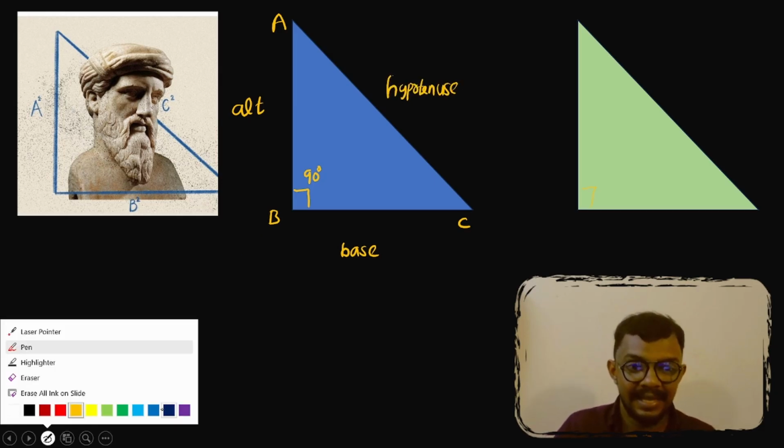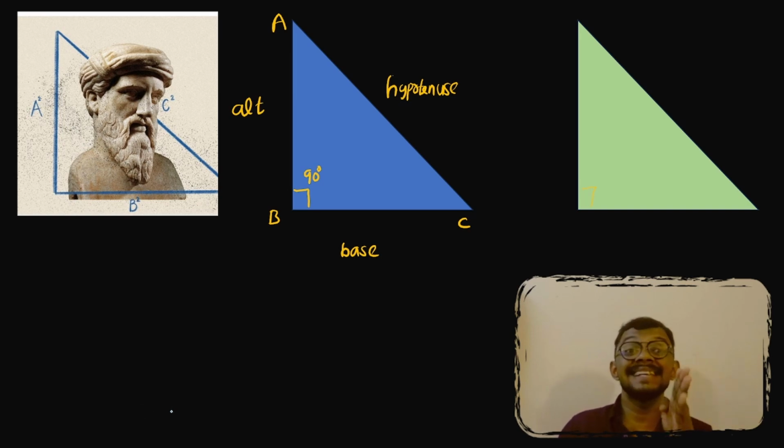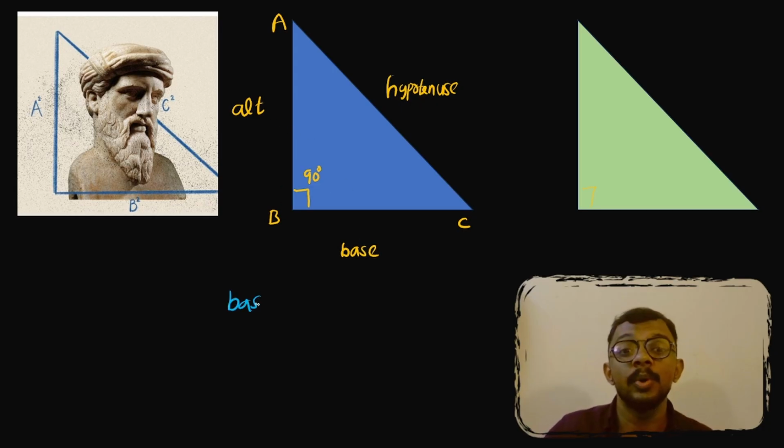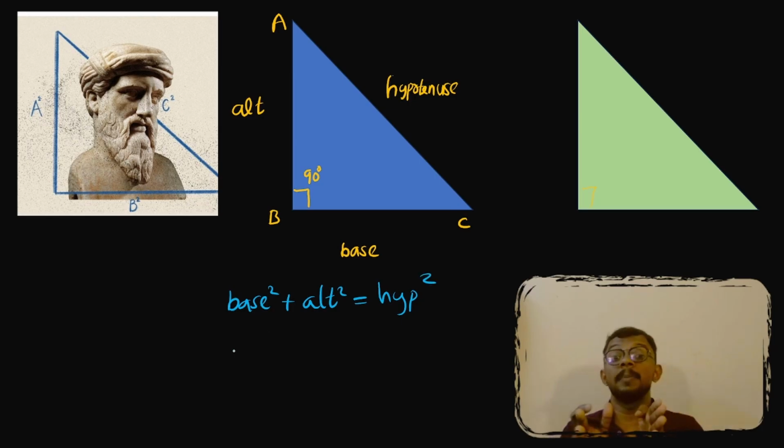In a right angle triangle, Pythagoras proved that base square plus altitude square is equal to hypotenuse square. Base square plus altitude square equals hypotenuse square. This is called the Pythagoras theorem. According to that, what is the hypotenuse?